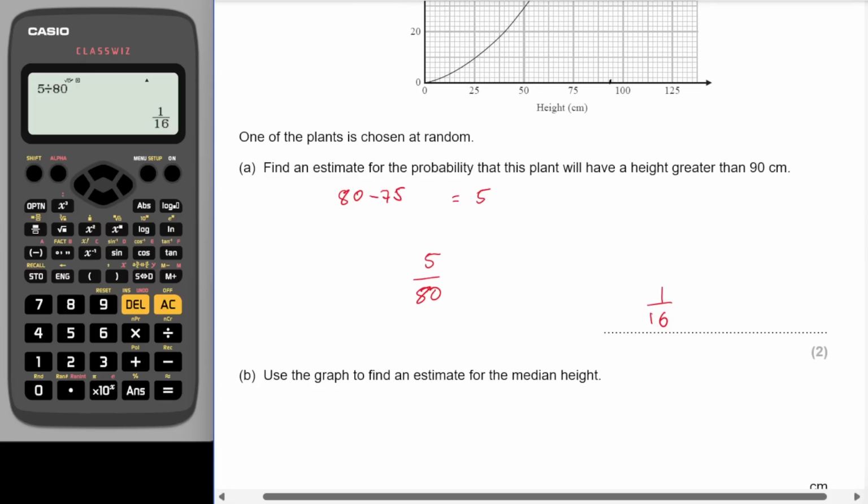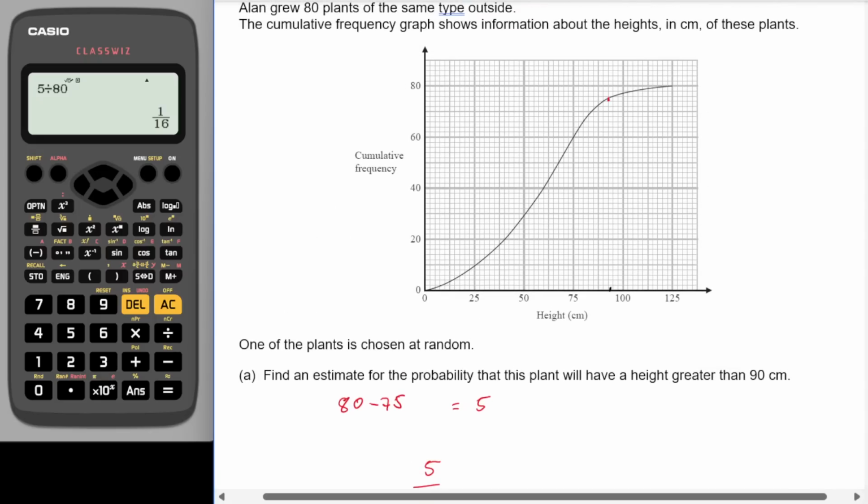Use the graph for an estimate for the median height. So from a cumulative frequency, we take the median as 40. So if it's 80, we take half. So we go 40, we go across, and we read down. Now each of these are going up in threes. No, they're not. They're going up in 2.5s.